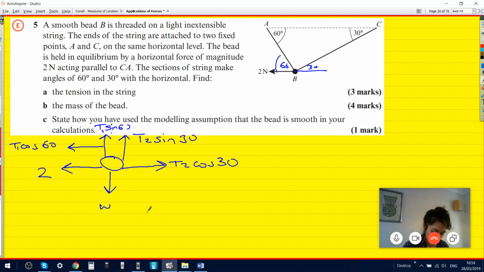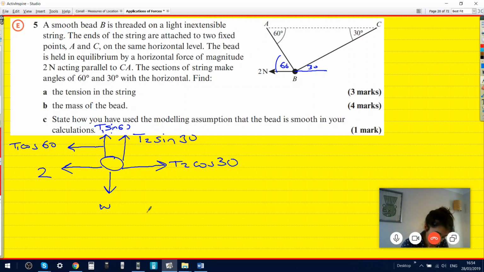And then the tension is... So if we do 2 over cos 30 equals tension, because T2 cos 30 minus 2n gives you 0. Don't we also have T cos 60? Damn it, why did I do that? Even though I've drawn it, it still doesn't appear. Okay, hang on.